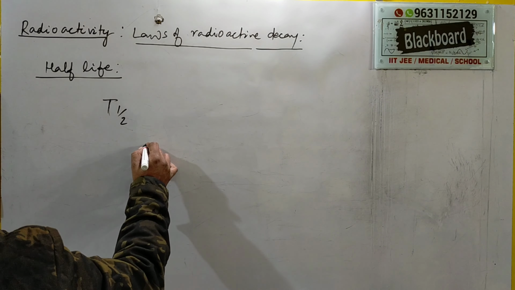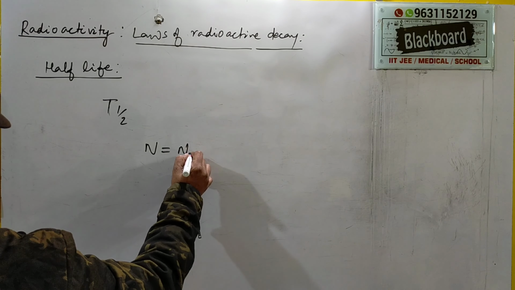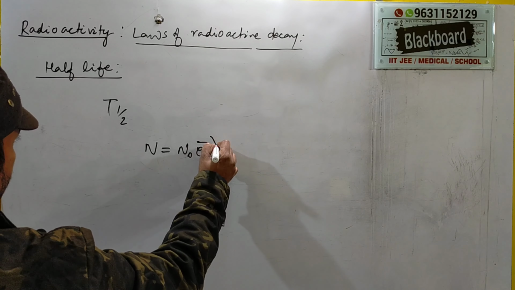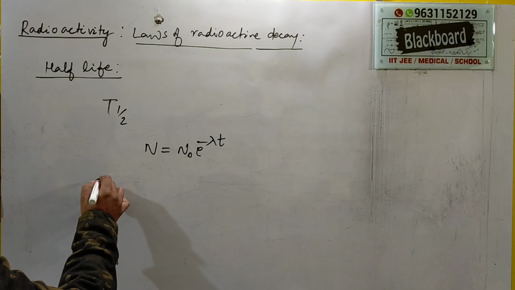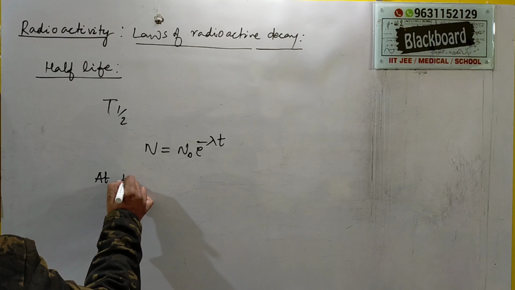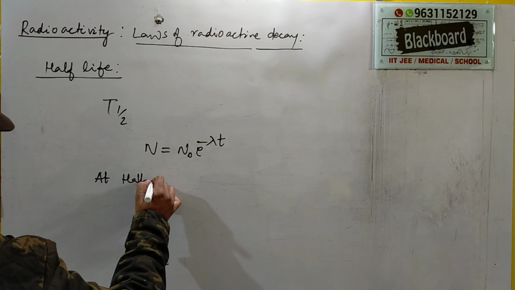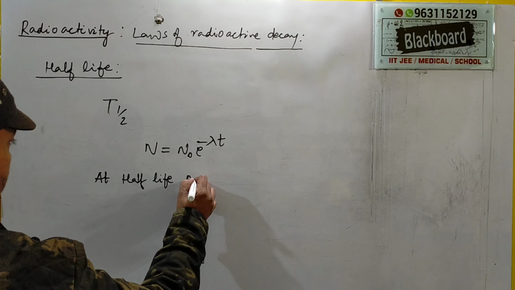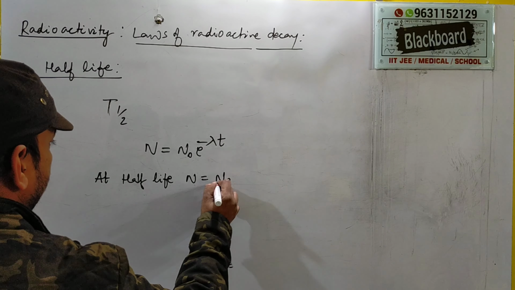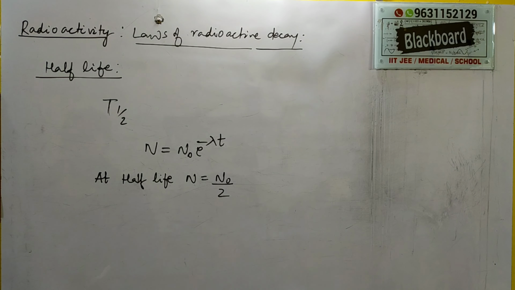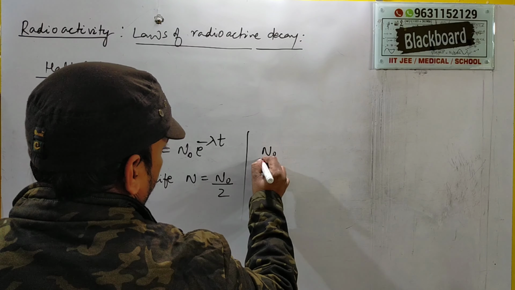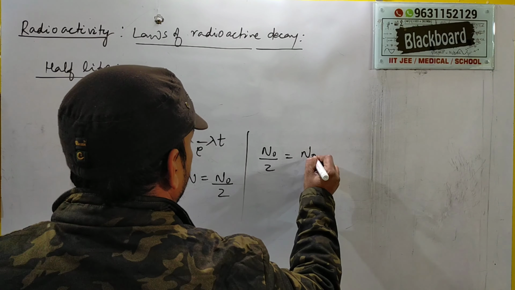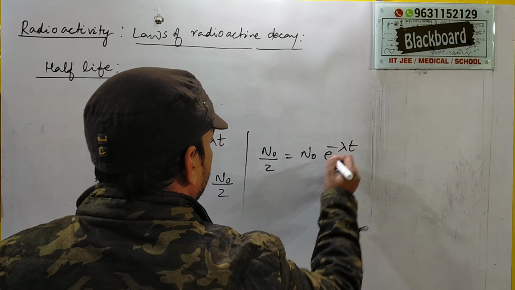Let your equation be N is equal to N naught e to the power minus lambda t. And here at half-life, N is equal to N naught by 2. That means you can write N naught by 2 is equal to N naught e to the power minus lambda t.